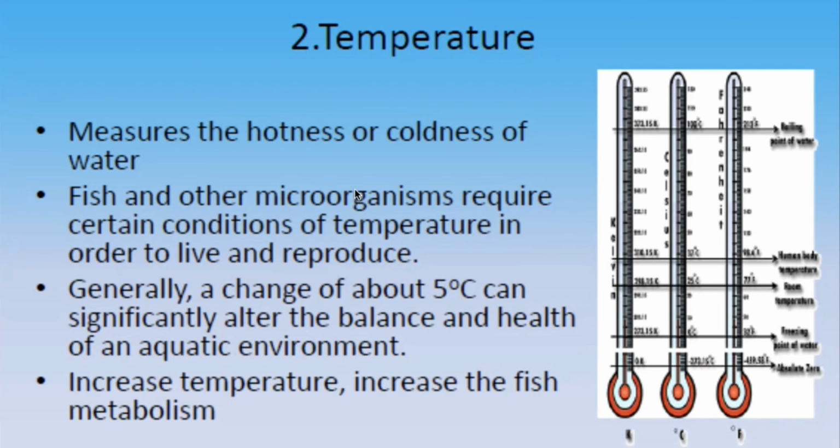One thing also is that when there is an increase in temperature in the water, oxygen is released from the water. When the oxygen is released, what happens? The organisms that live in the water fight over oxygen.